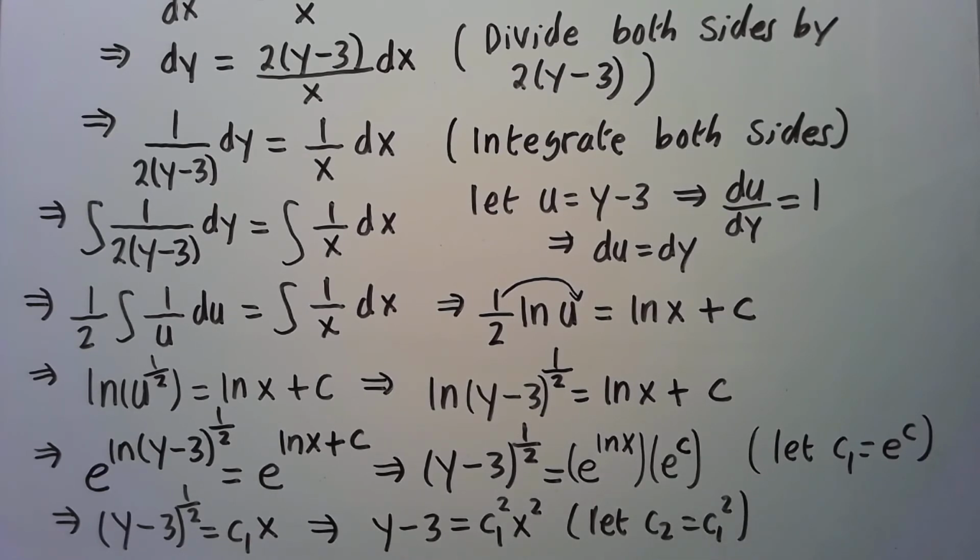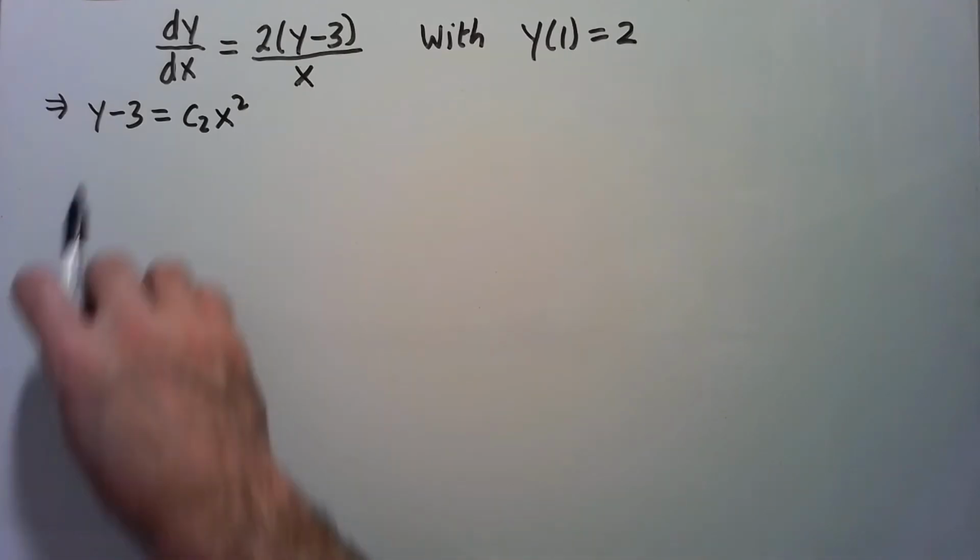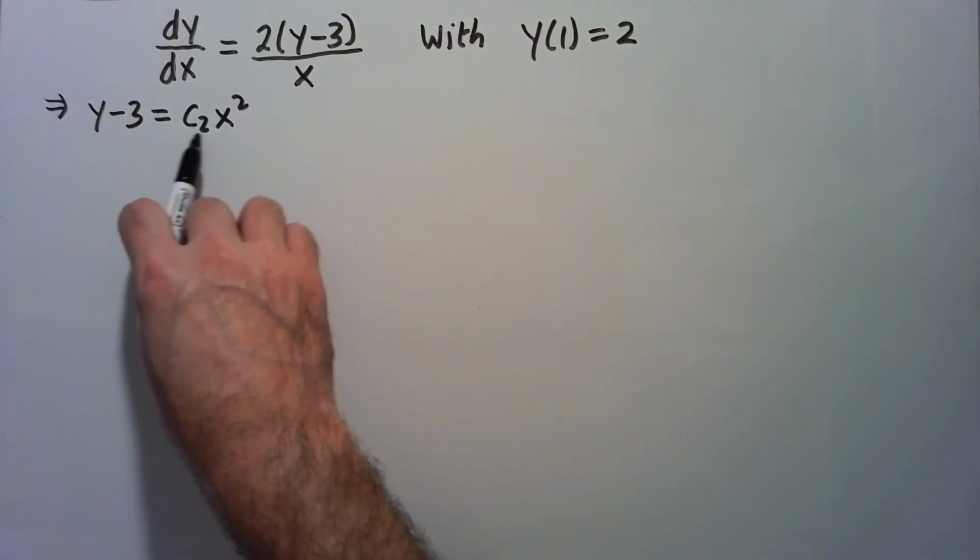I'm out of space here, so let me erase some things up here and we'll continue. Okay, so like that. We then have y minus 3 equals c2 x squared.